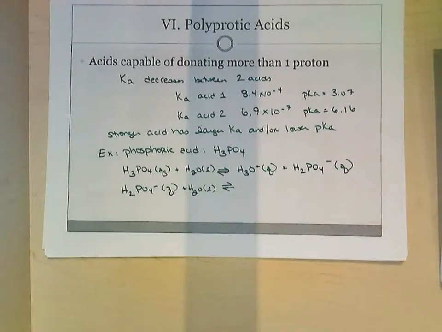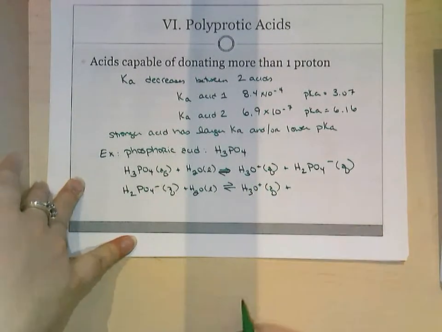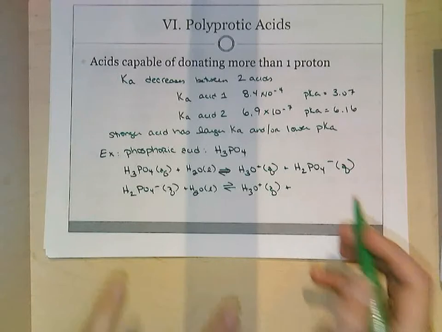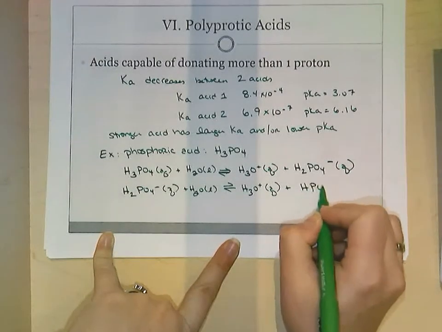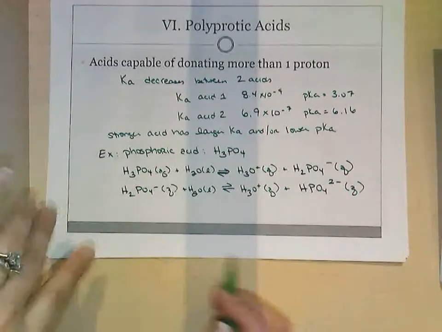Let's say that goes on to react. What would be one of the products? Still got that guy, good. And then how many protons are left on my phosphoric acid when it gets over here? 1. And then what will its new charge be? -2, or 2 minus. Does it still have a proton it can donate?